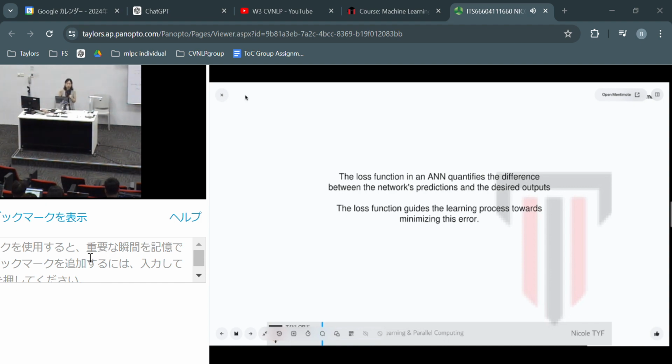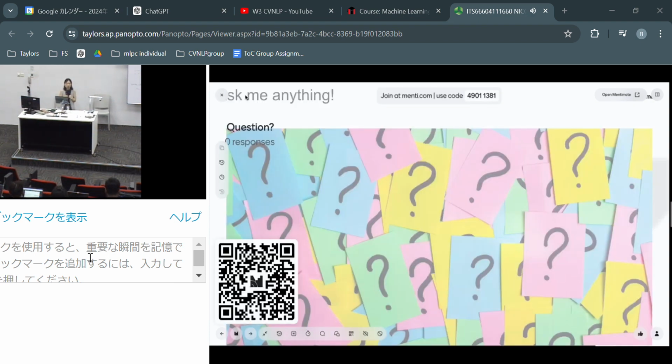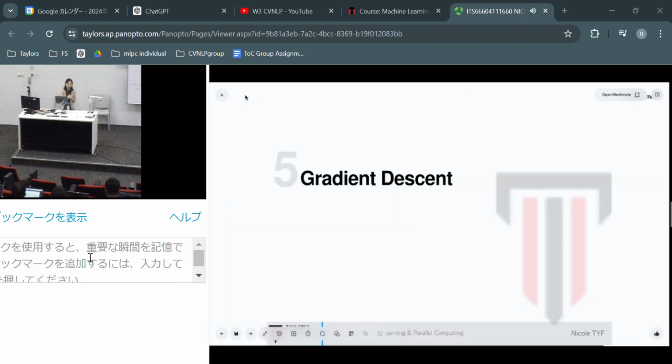So now what we just covered is the architecture, the backpropagation mechanism, and how we quantify the loss. Now there is one last concept that we have to cover to fully understand how this neural network learns from our data. So the final concept that we want to walk over is gradient descent. So what is gradient descent? We know that this neural network is going to learn from our data forward and backward.